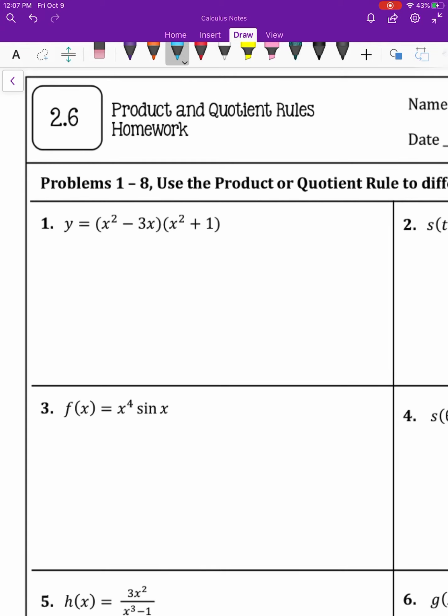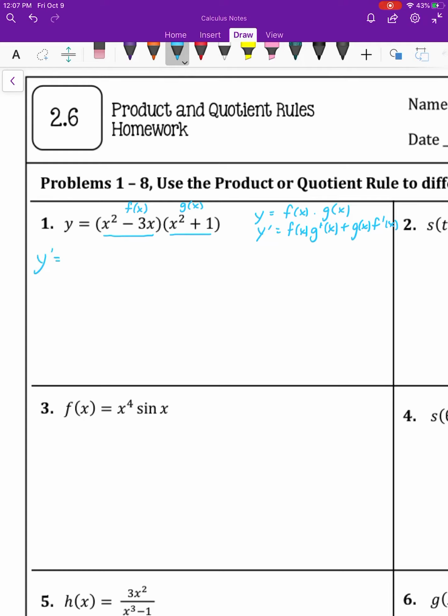I'm going to look at this as like an f of x times a g of x. And so if I have an f of x times g of x situation, my derivative is f of x times g prime of x plus g of x times f prime of x.